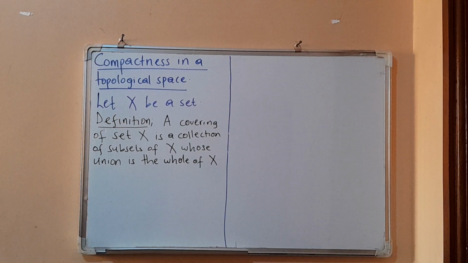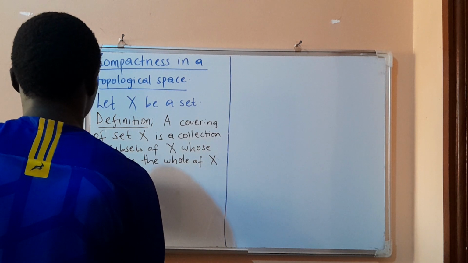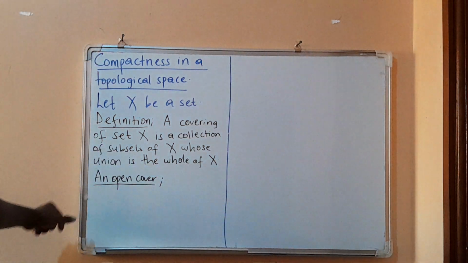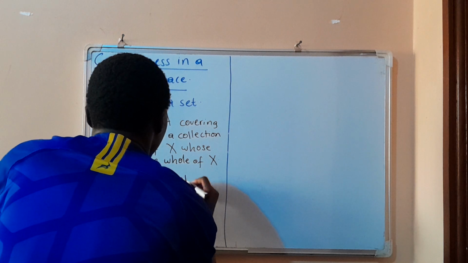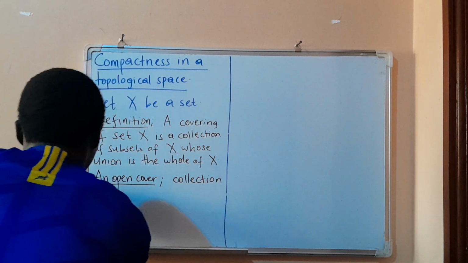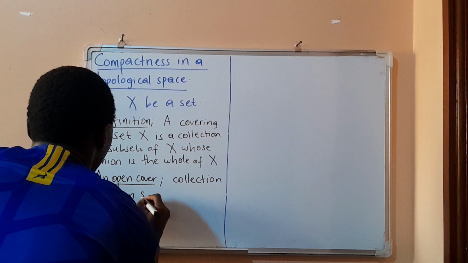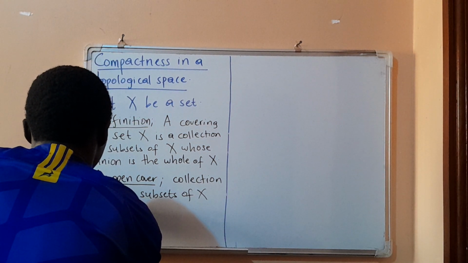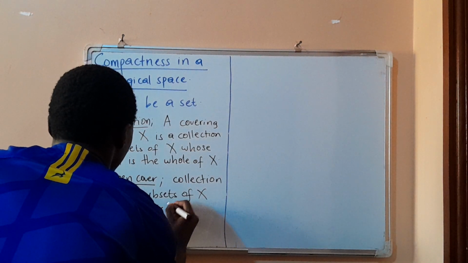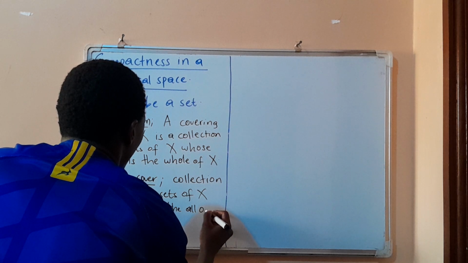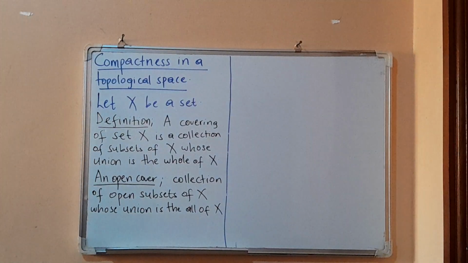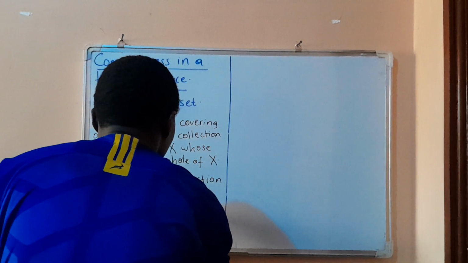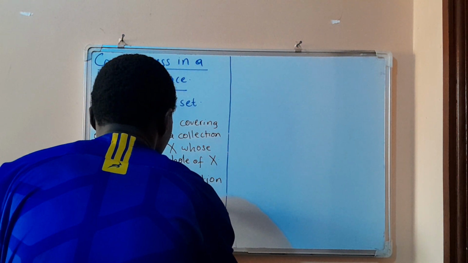Then we can define an open cover. An open cover of set X is a collection of open subsets of X whose union is the whole of X. That is an open cover.